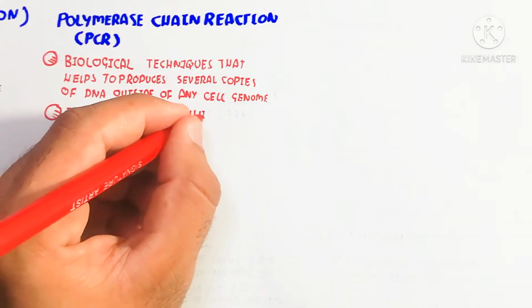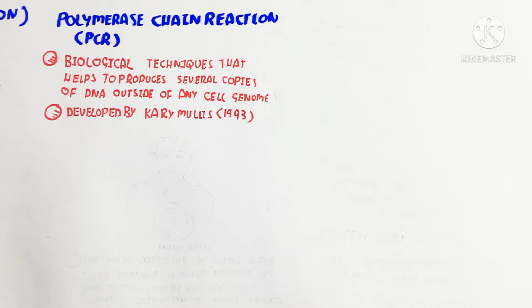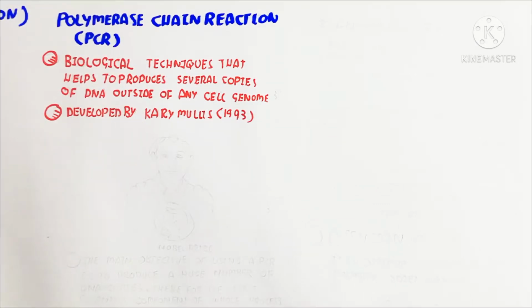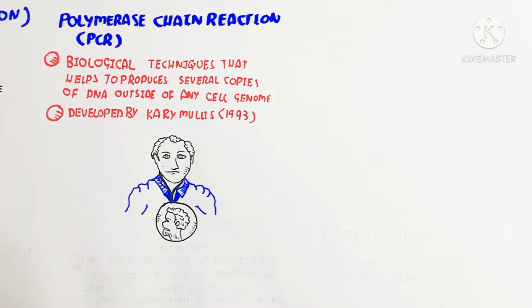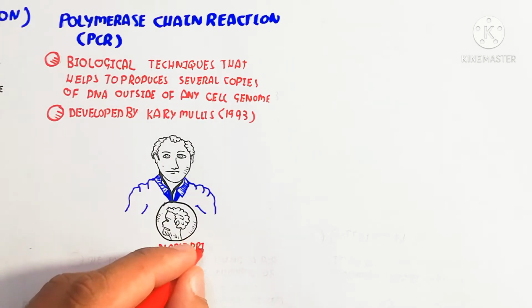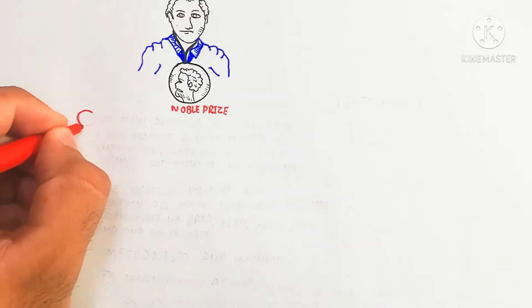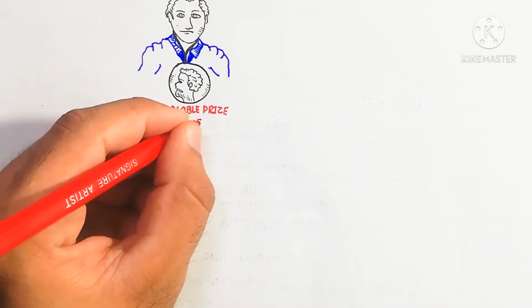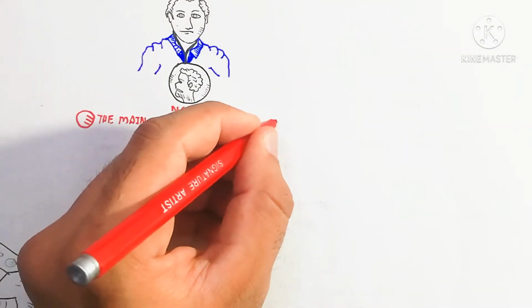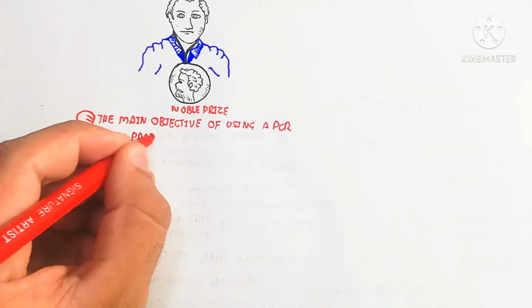It was developed by Kary Mullis, who received the Nobel Prize in 1993 for this achievement. The main objective of using PCR is to produce a huge number of DNA copies. The DNA copy production is done for a reason, and we will discuss why.